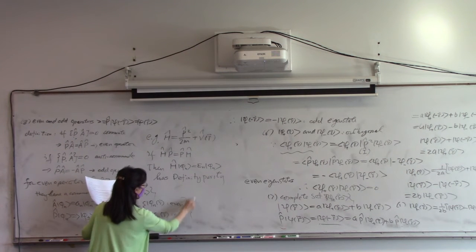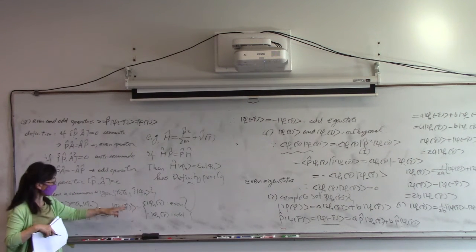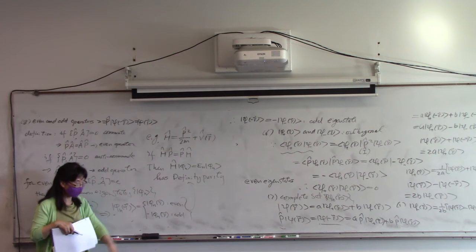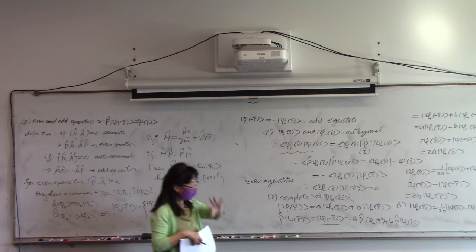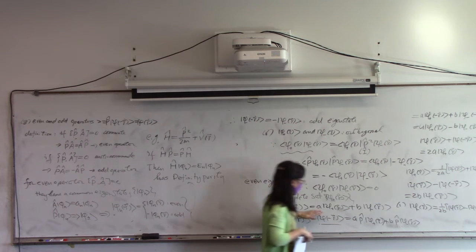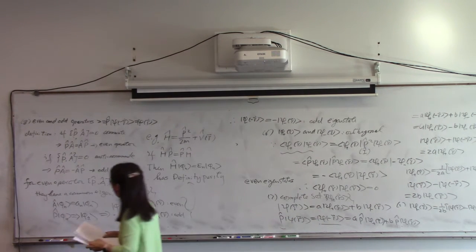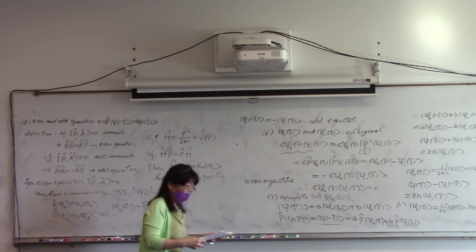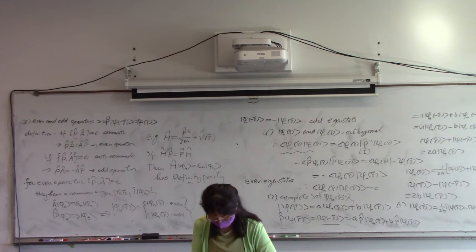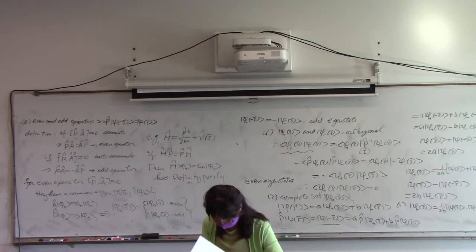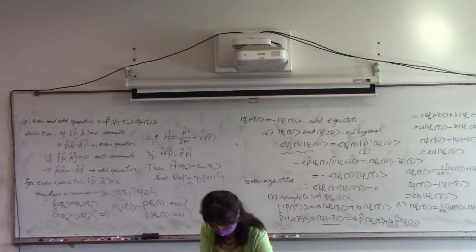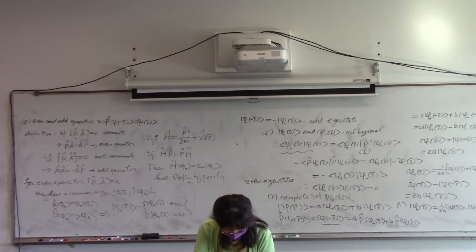That means the eigenstates of the Hamiltonian are either even or odd, they will not be arbitrary. So that is the property of the parity. Some of the others I will not go through, and you can look at the textbook if you are interested.